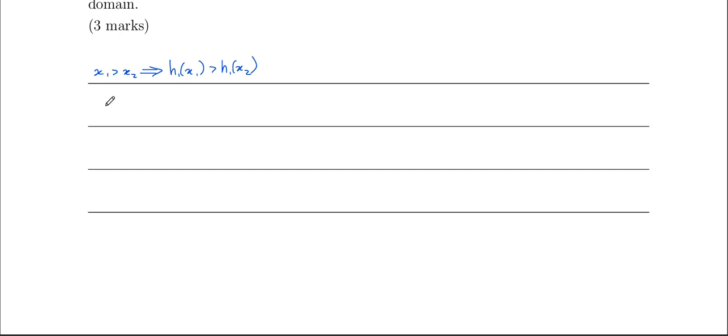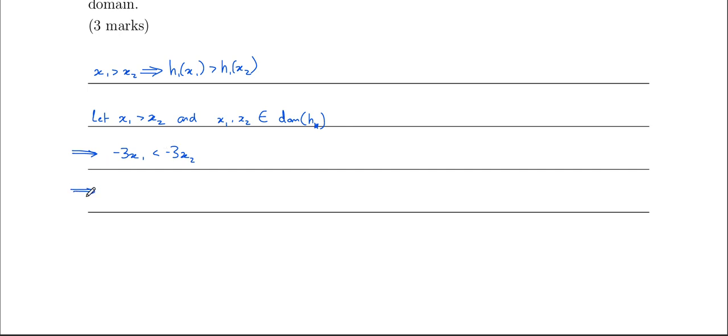All right, so what we're going to do is let x1 and x2 be in the domain of h1. So this implies that -3x1 is less than -3x2, right? We're multiplying by a negative, so the sign is going to flip.